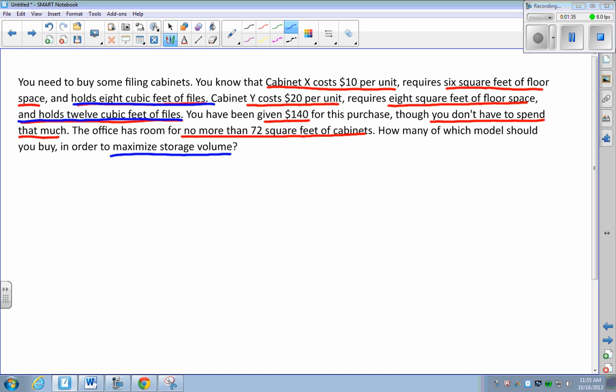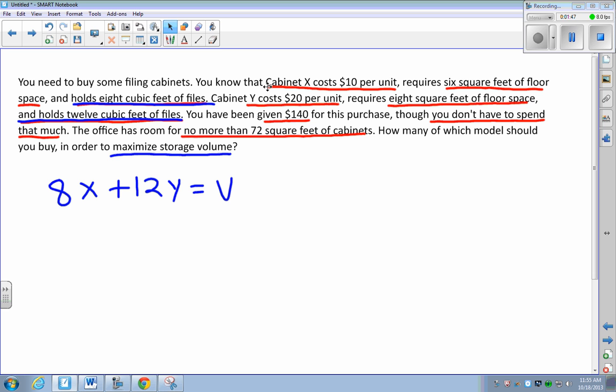And so we're going to want to set up an equation, 8x plus 12y is equal to our volume. And what we're going to want to do here is find the maximal volume that we can have within these restraints. What are some other inequalities that we can state?